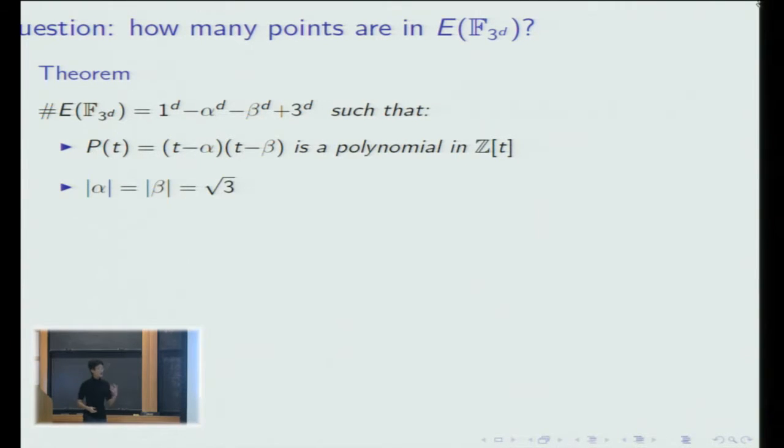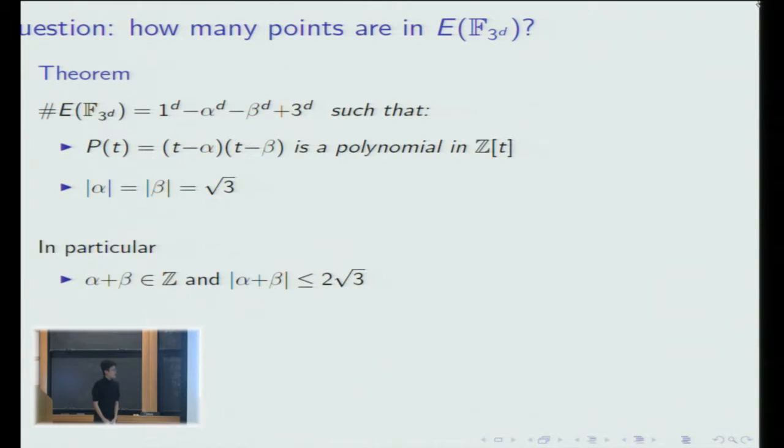It tells us that all we need to do is compute a polynomial, and the roots will tell us how many points there are. So the theorem tells us that this polynomial has coefficients in the integers and that the roots are a certain size. In particular, the sum of the roots is bounded, and their product is 3, plus or minus 3. So this is what we know about the polynomial.